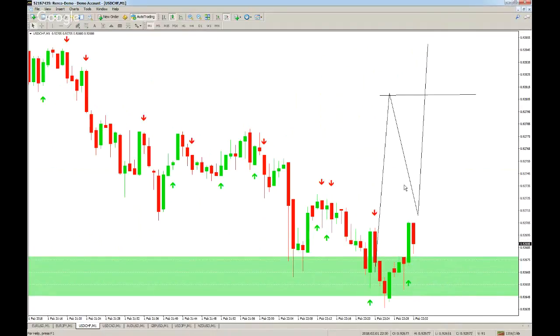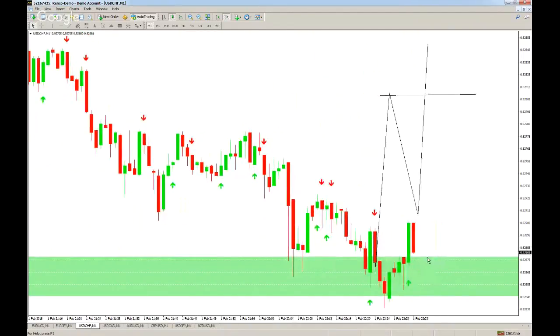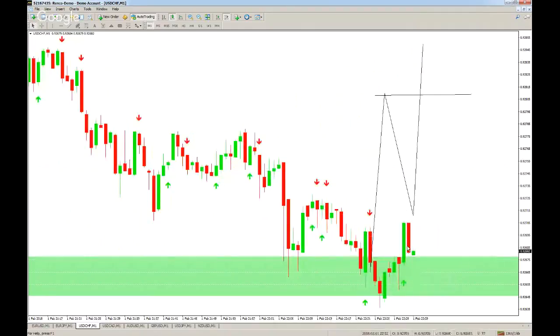It's a breakout bar of the previous bars, but if I were to take a trade, I'd rather take it on an actual pullback than the bar that's breaking higher. So again, I'll be in wait and see mode on the dollar Swiss.